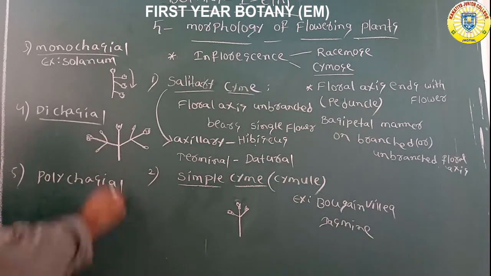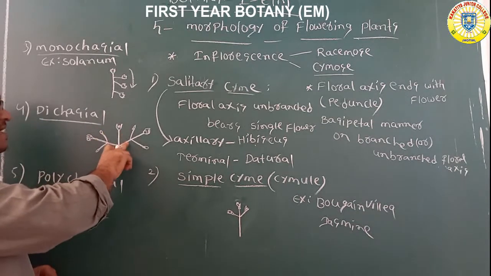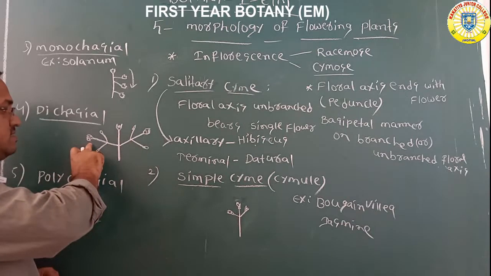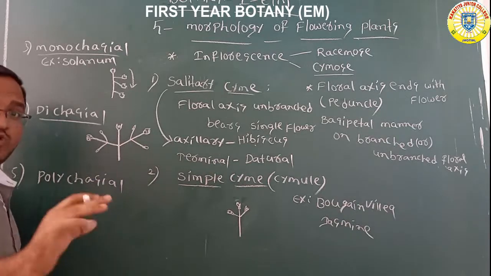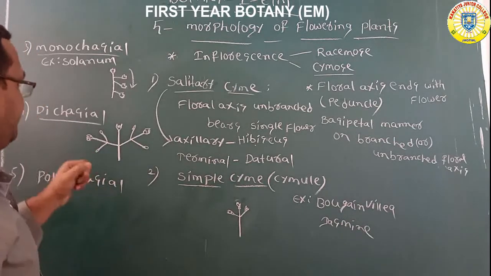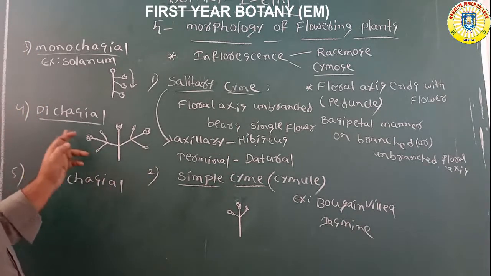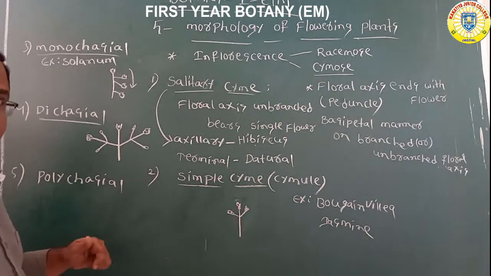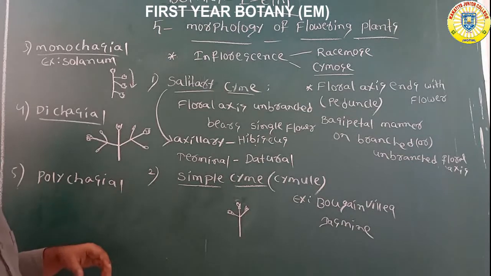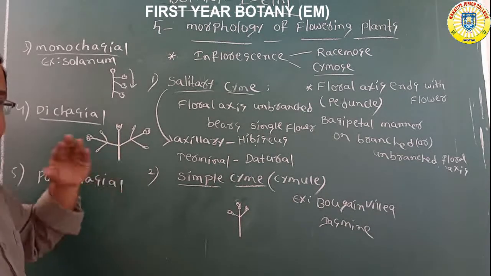First, the floral axis ends with a flower. It develops two branches. Then these two branches develop again two branches. Every time two branches are developed. So that is called dichasial cymose inflorescence. The flowers are developed in basipetal manner.